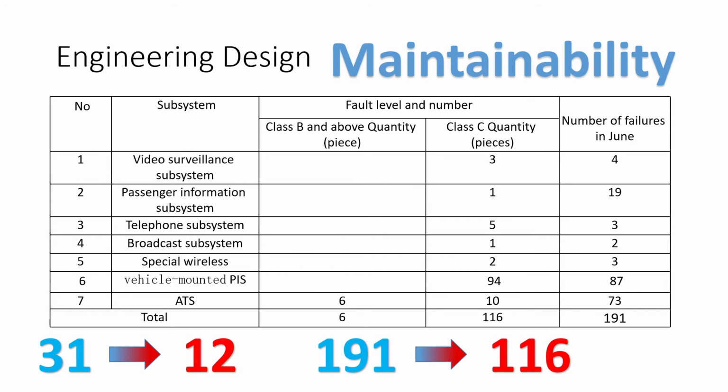This is a subway station that has just started operation, which indicates that the maintenance personnel can find the cause of failure in time and solve the problem within 1 month, which indicates that the subway signal system has good maintainability.